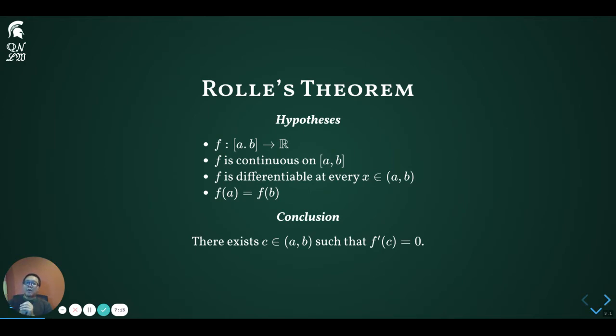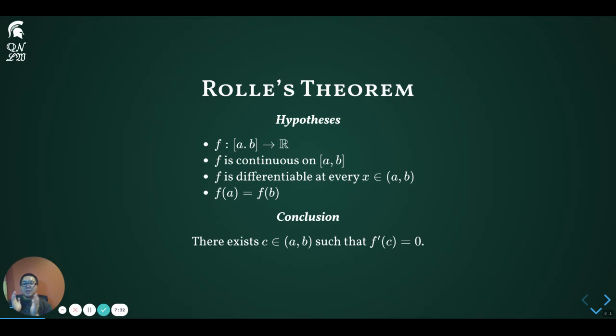If we only have a function that is defined on the closed interval AB, the point A does not have an entire open interval around it on which f can be defined.